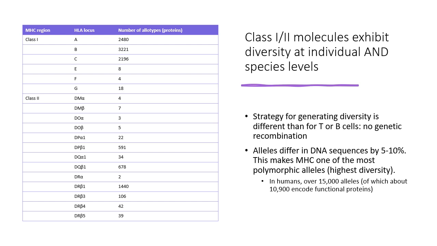So you've got the MHC class 1, A, B, C, E, F, and G. I know D is missing from that list. But for the A gene, there's 2,480, and you can express these in combinations with the 3,221 Bs or the 2,196 Cs. For E, F, and G, the numbers are much smaller, but you still get the general idea that this gives you a vast array of potential combinations.